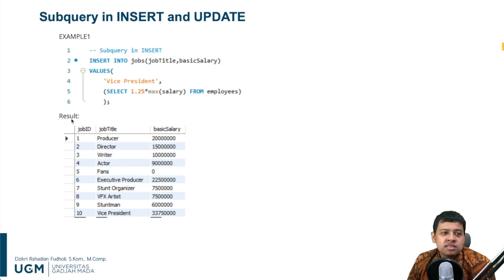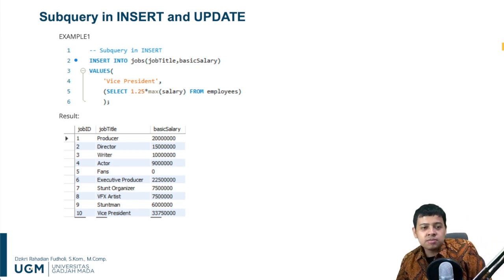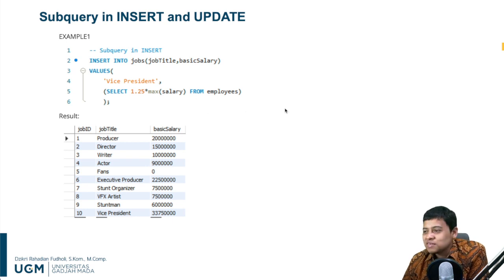Then we get this result, where the vice president will have a basic salary of 33 million. So this is on the insert. We can insert values from another table using a subquery. This is a good example of using a subquery, rather than the previous ones.